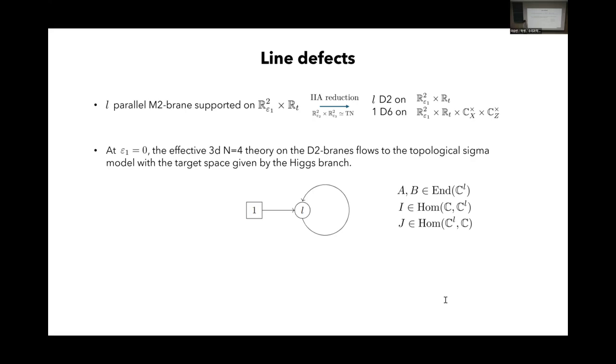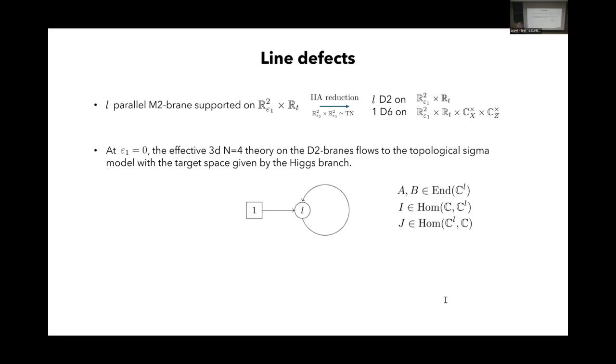There's a certain operation that physicists do to reduce this M theory along one of the circles that you have in the 11-dimensional theory. As a result, you get some bound configuration of D2 and D6 branes. I think for physicists this makes sense, and for mathematicians this doesn't make sense at all.